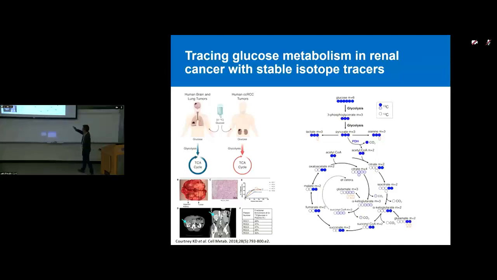So for example, if there's a mutation in the enzyme that converts succinate to fumarate, we'll have a lot of carbon-13 label in the succinate, and we won't see a lot of it at all in the fumarate. If we see that, then we can say that's a mutation or an abnormal metabolism from succinate to malate. So we can actually look at that. I hope I answered your question.